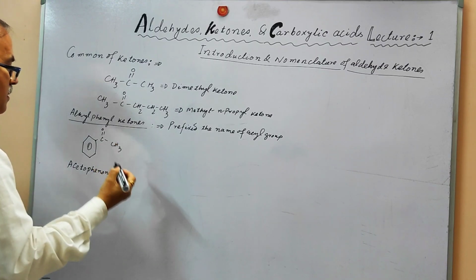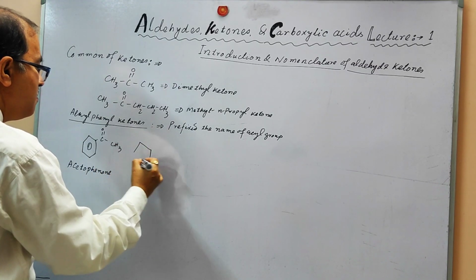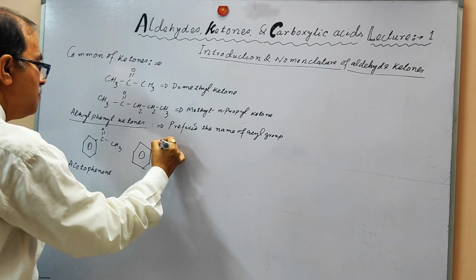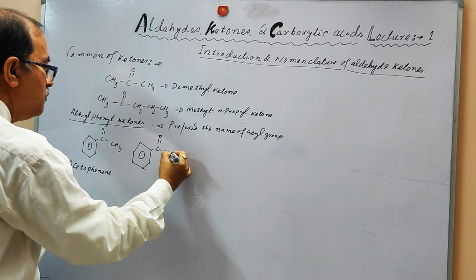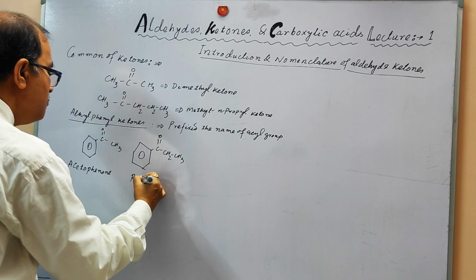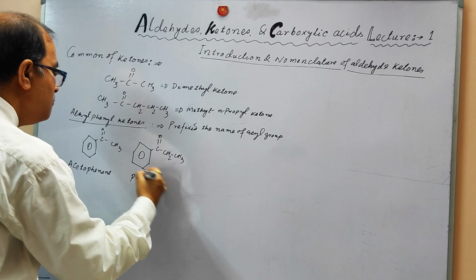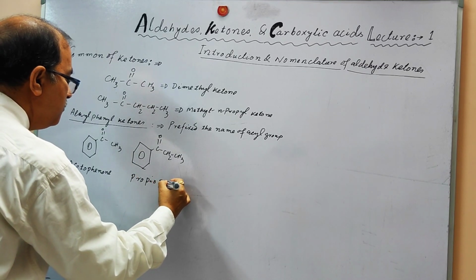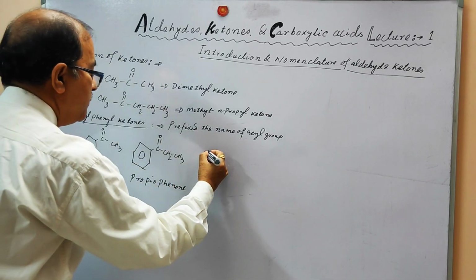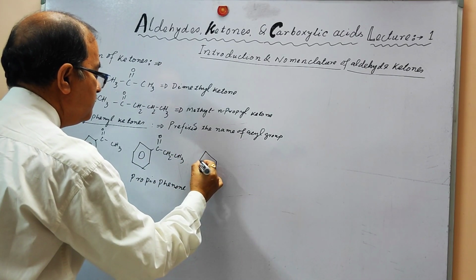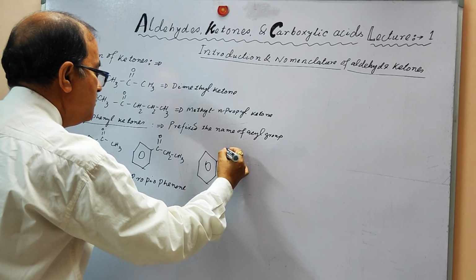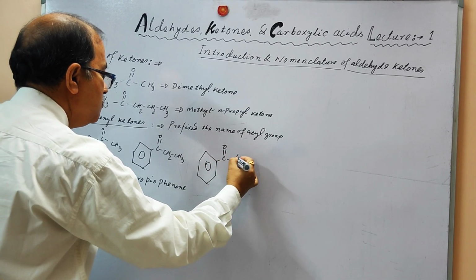Then another: here the name of the acyl group is propiono, so propiophenone, right? Another compound is this one, with two benzene rings in the ketone.